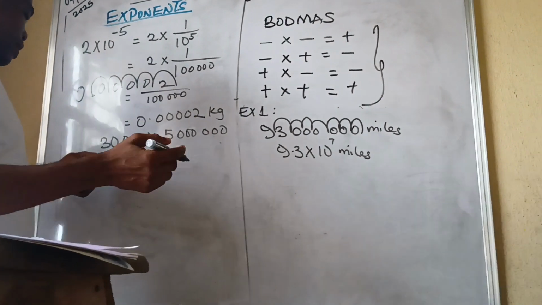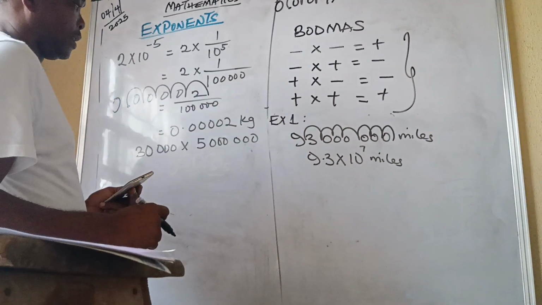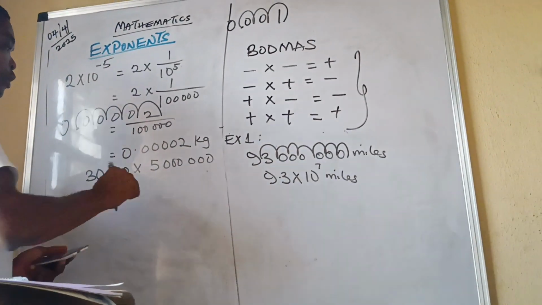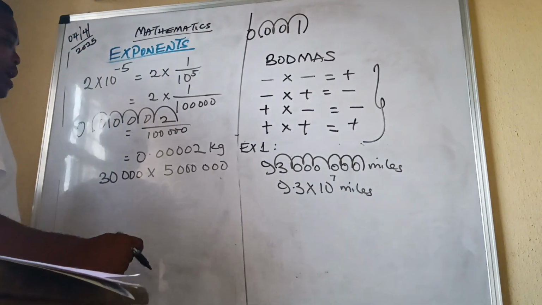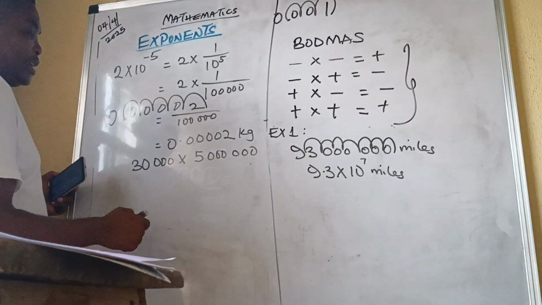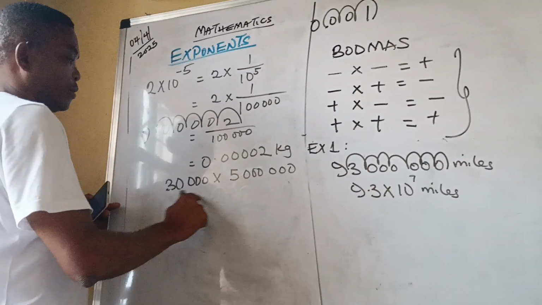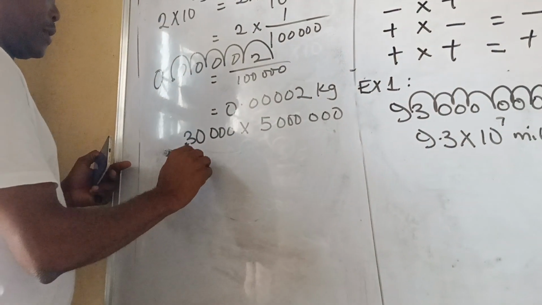In the next 60 seconds, quickly punch this while I solve it manually. If I have to solve this manually, I'll just say 3 times 5, because these are the two whole numbers there. 3 times 5 is 15.